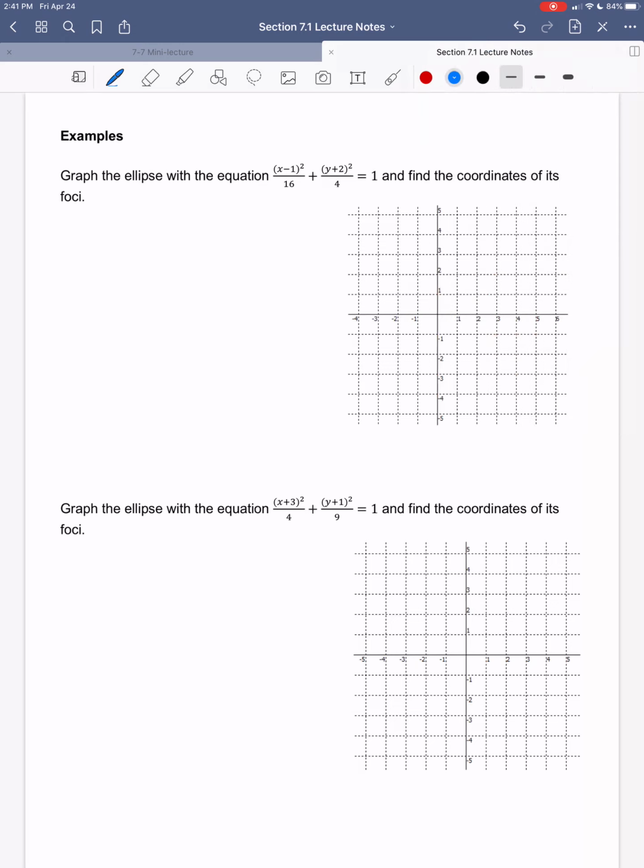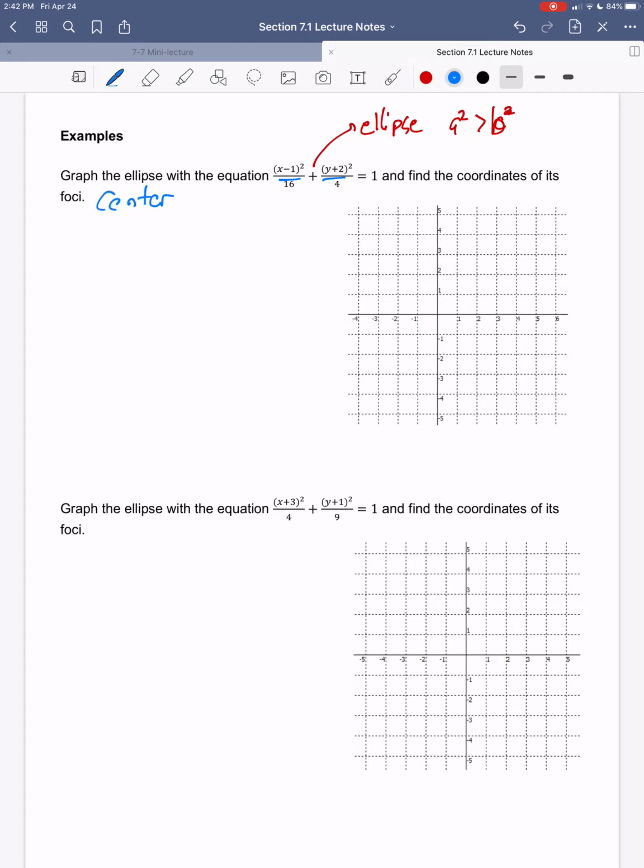So let's try to graph this equation here. Okay, so what we've got there, since that's a plus, that means it's an ellipse, and that means a squared has to be bigger than b squared. Okay, so the other thing I see is my center. For my center, I look at these values.